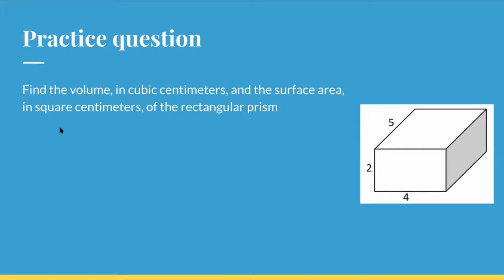So the practice question asks to find the volume in cubic centimeters and the surface area in square centimeters of the rectangular prism. Okay, so we're going to solve for the surface area, which is 2 length times width plus 2 base times width plus 2 length times base.